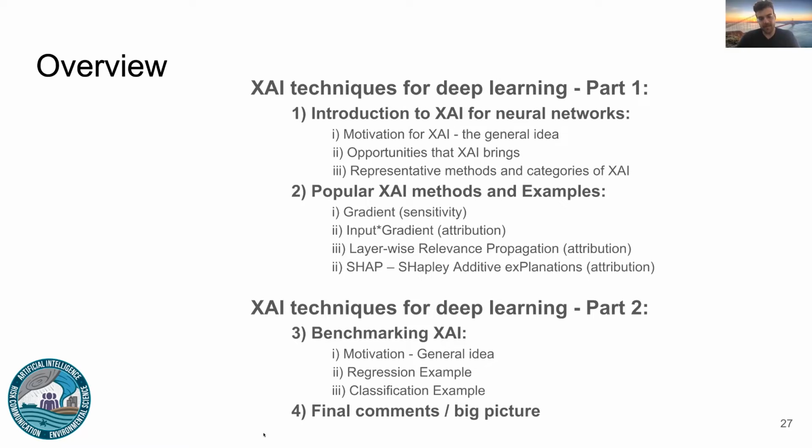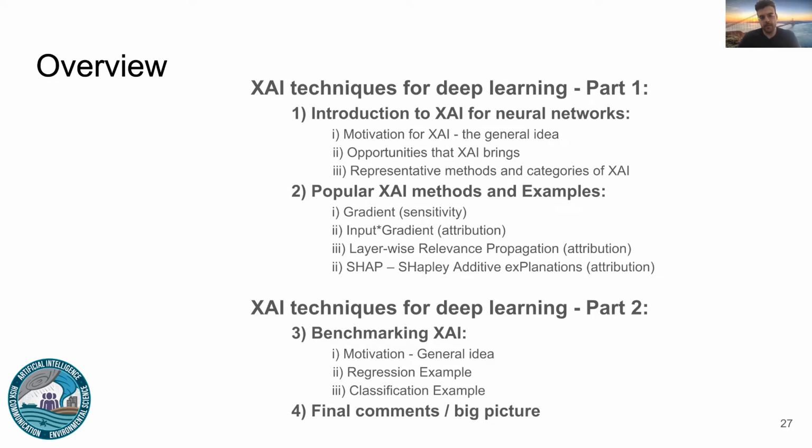The way we have constructed this part of the session, we have constructed it in two parts. The first part, we will be introducing the concept of XAI. We will be talking about the motivation and why we need XAI, some opportunities that XAI tools bring in our field. And then we will dive into the details about four specific methods: gradient, input times gradient, the method layer-wise relevance propagation, and finally, the method Shapley additive explanations, or SHAP.